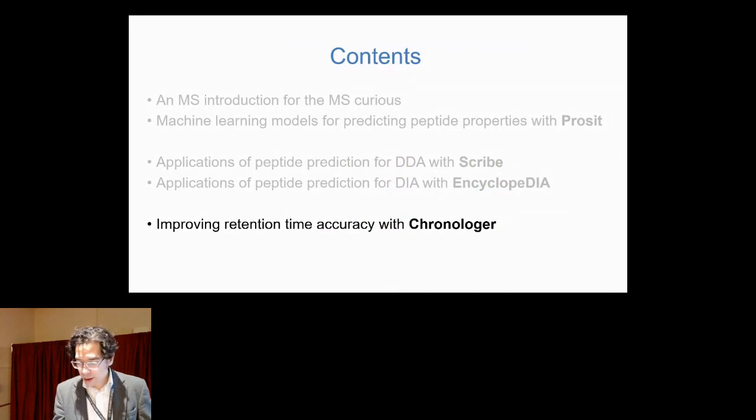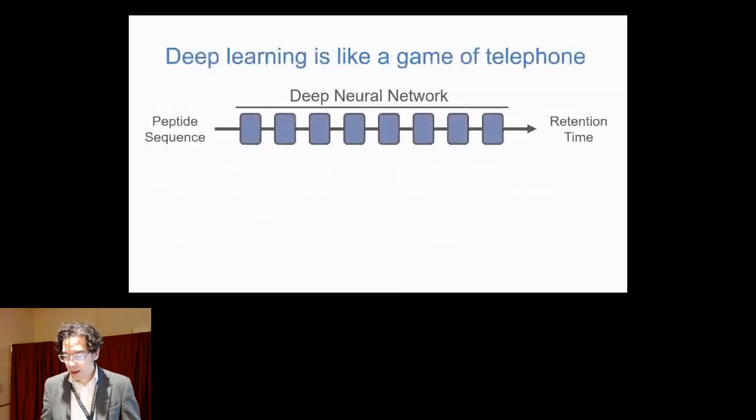Okay. So with that, I want to launch into a quick story around a tool that we've been working on called Chronologer, which is focused on making more accurate retention time predictions than the current state-of-the-art deep learning tools. A lot of this follows from the idea of deep learning being like a game of telephone.